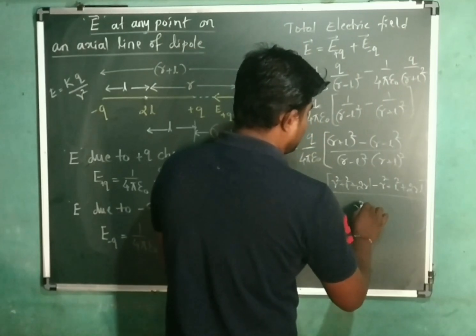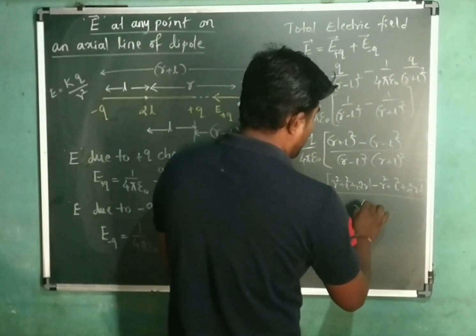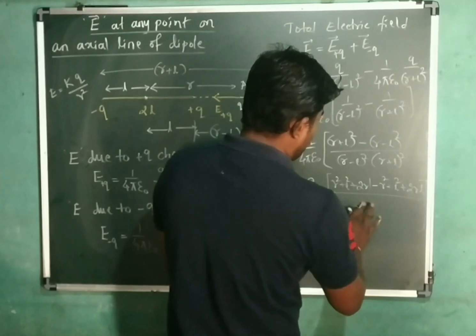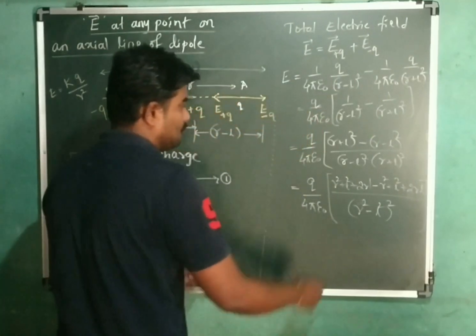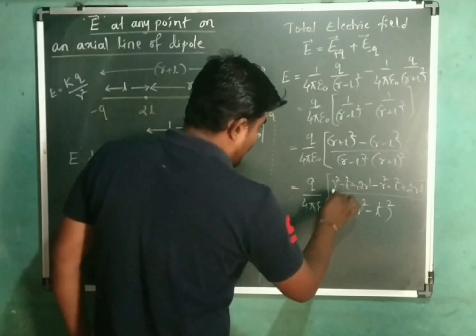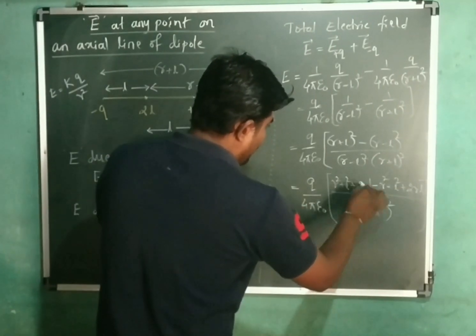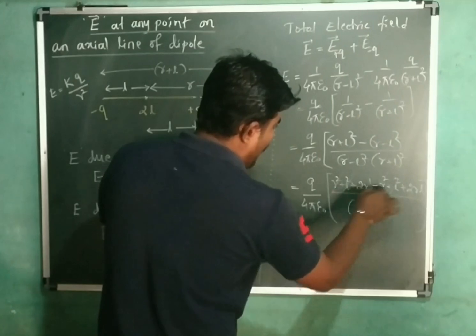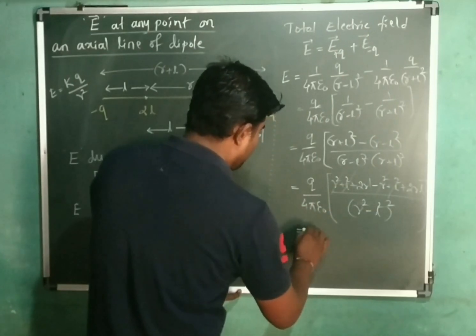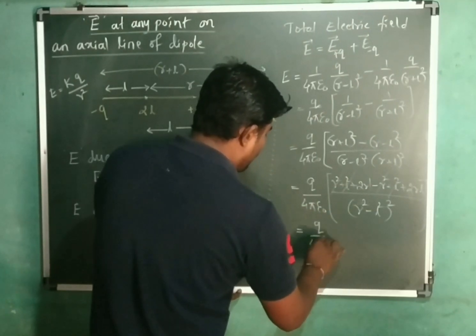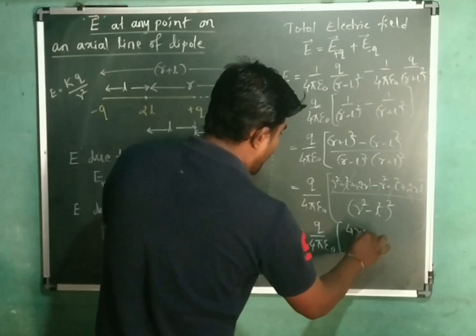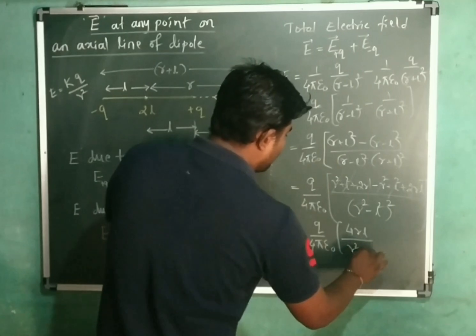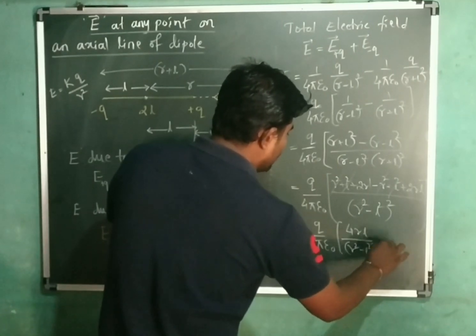And I can write the denominator as (r square minus L square) to the power square. Here r square is cancelled, L square is cancelled, 2RL and 2RL is 4RL. So it is q divided by 4 pi epsilon naught, 4RL divided by (r square minus L square) whole square.